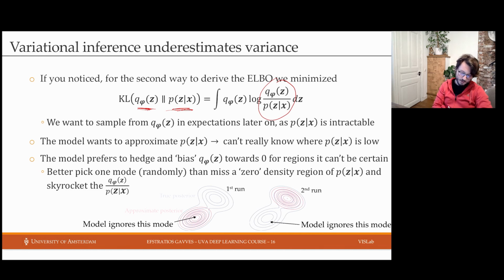What the model does is try to approximate the true posterior, that's our intention in the first place. However, the model, especially in the beginning, cannot really know exactly the form of P of z given x. More importantly, it cannot really know which areas are going to have very low values for my true posterior.